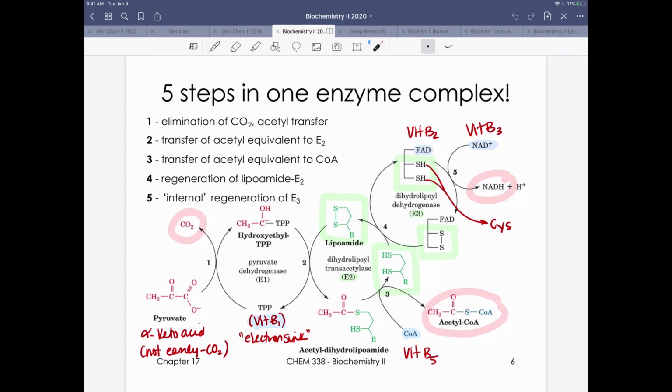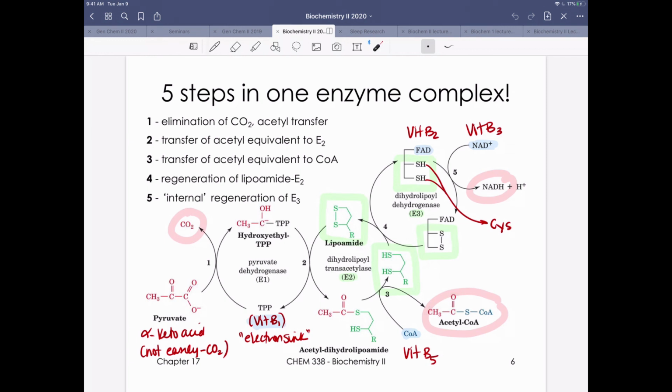So step 4 is really the regeneration of E2 by E3, but that unfortunately means now that E3 is in an inactive or reduced state. So the 5th step really now incorporates all of the materials that we need to have. We're going to see NAD+ coming in and being used, itself being reduced so that we can reoxidize this group that we have here in the enzyme active site.